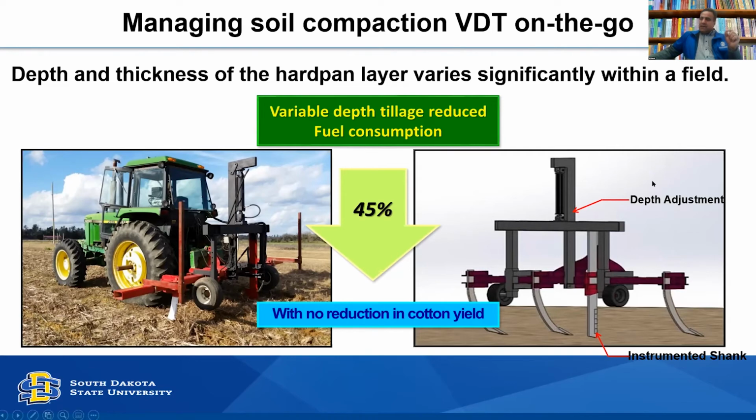We had another part here, an adjusting depth system. With this system, we could adjust the depth to do on-the-go variable depth tillage. With this system, we reduced the fuel consumption by 45% with no reduction in the yield.